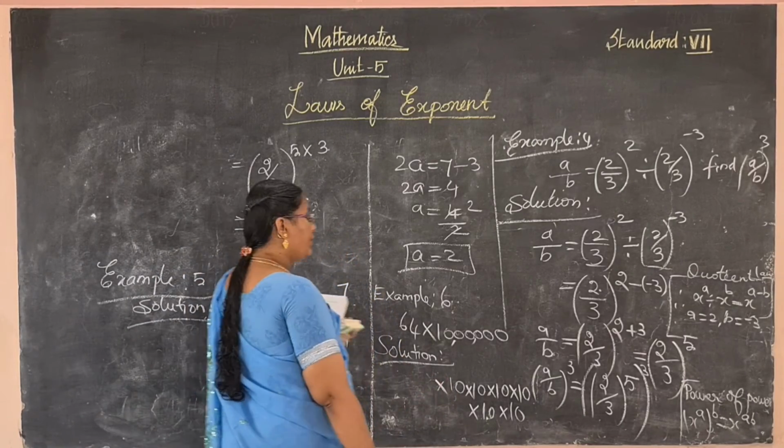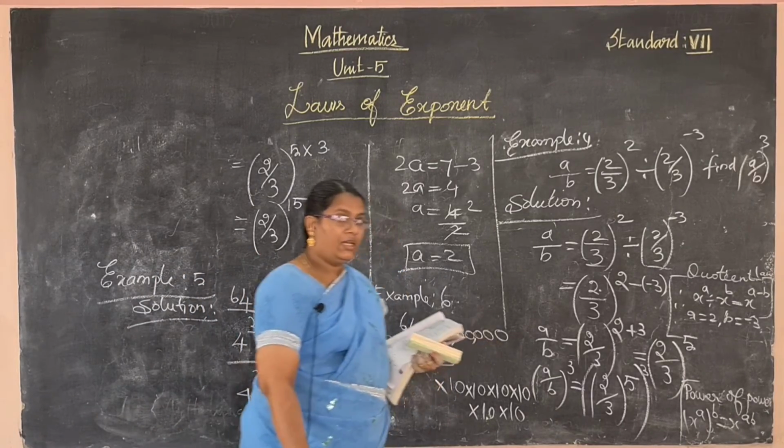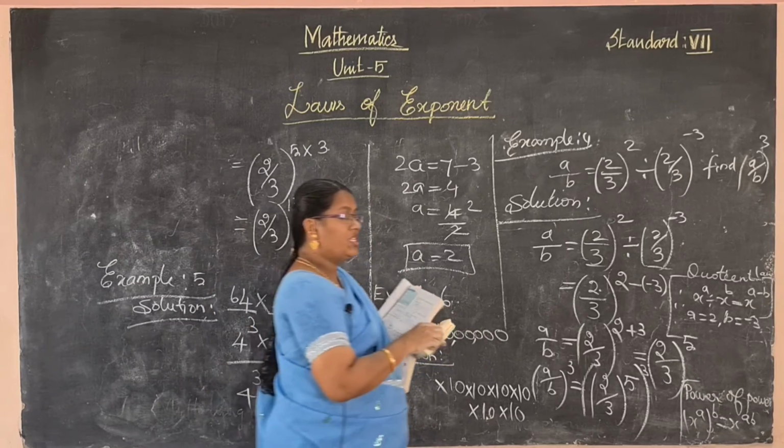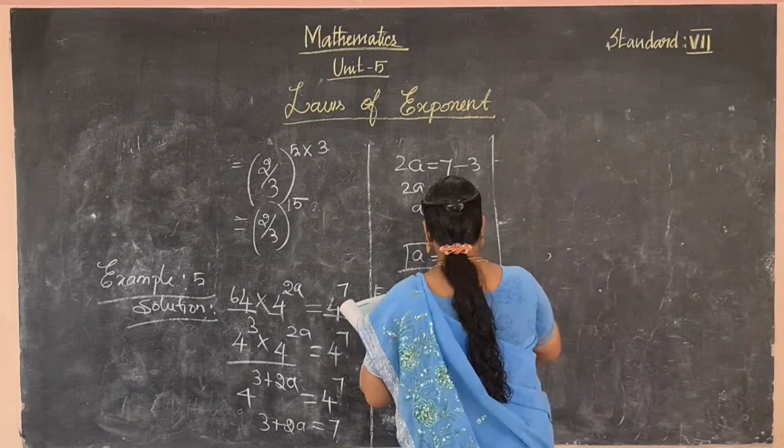Into 64. We have to find the prime factors of 64. The smallest prime number is 2.